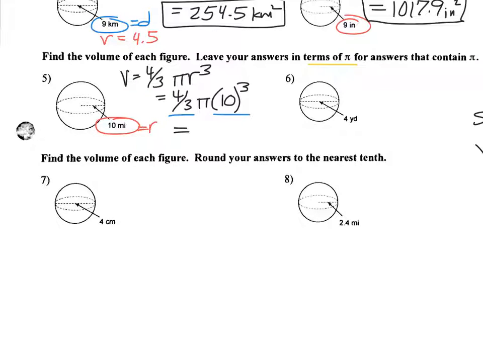I'm going to change that to a fraction, okay? I'm going to do math frac, and actually a mixed number is what I'm going to use. 1,333 1/3 times pi, okay? And then my units are miles squared. Kind of tricky there a little bit just because of the sheer size of the numbers.